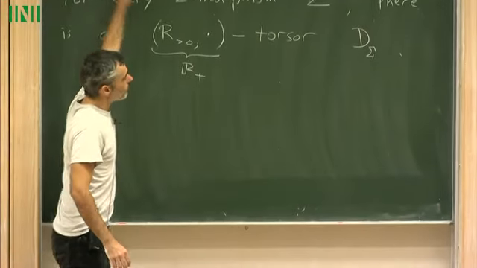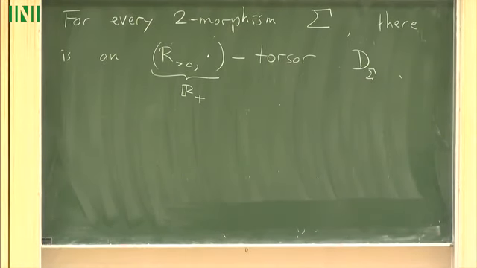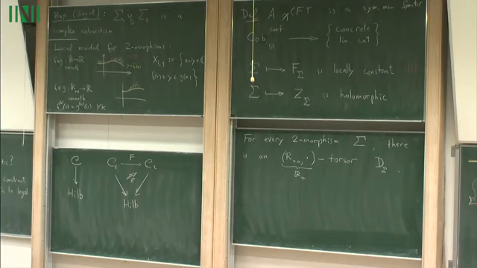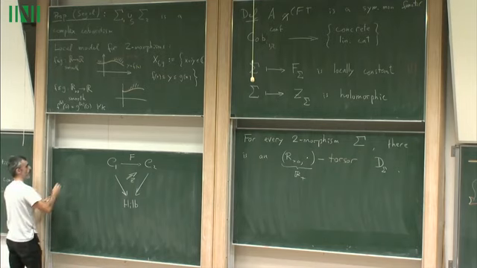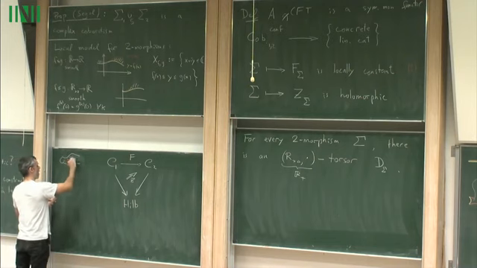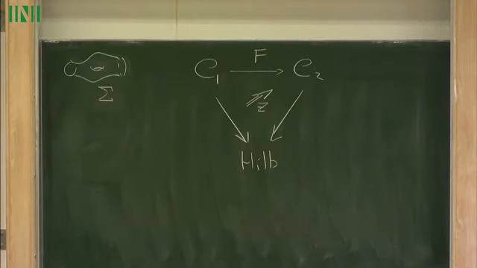And so if I fix a cobordism sigma, which could be like this, or could be actually like one of the things with cusps, but let me focus on that for the moment.